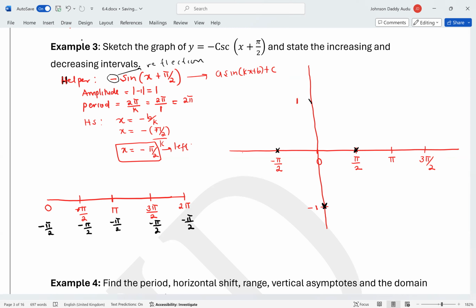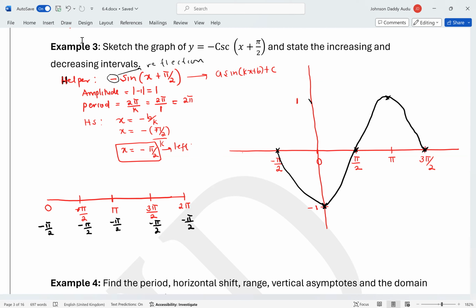Then we go to the maximum. Then we're back to the baseline. So the graph is going to be something like this. Right. So this is the graph of what? This is the graph of minus sine x plus what? Plus pi over 2.